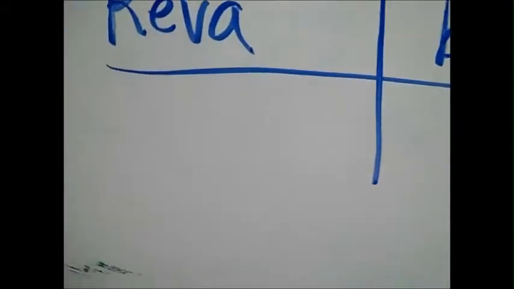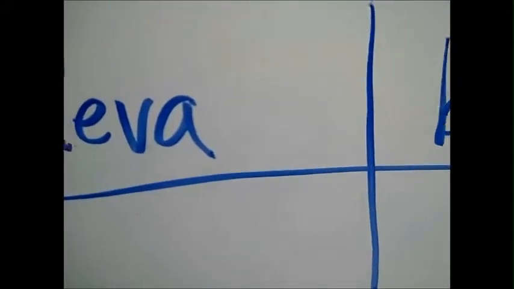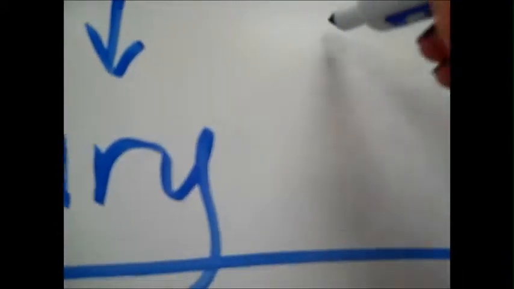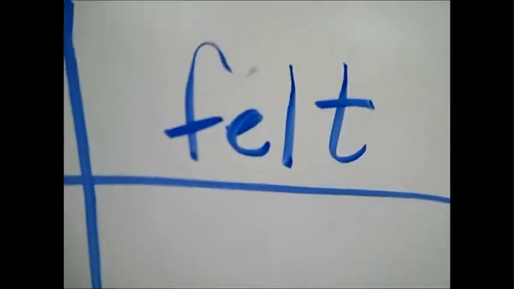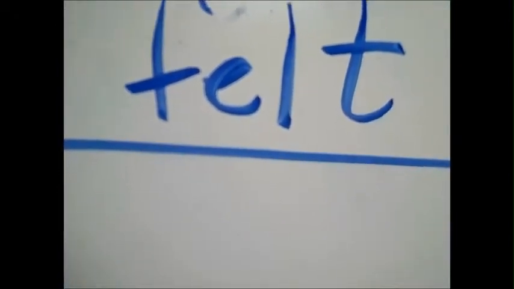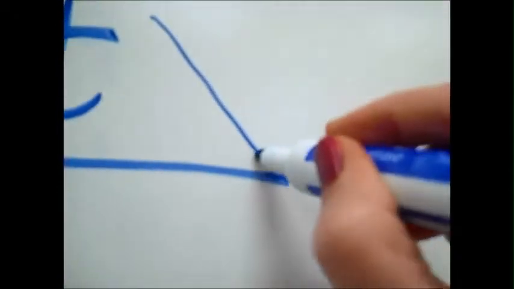Sentence should look like this. Next sentence, Henry felt ecstatic after the test. So Henry is our subject. Our predicate or verb is felt. Okay, and now we know that we're going to use a slanted line here.